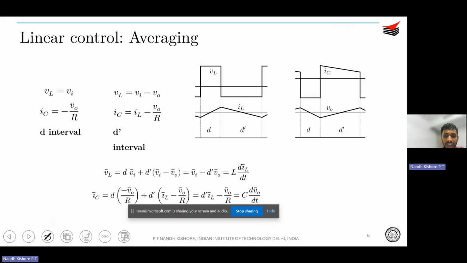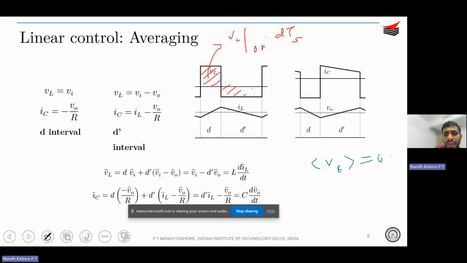So what is your VL average? As I was saying, VL average needs to be 0. Only then do you call the converter in steady state. If your VL average needs to be 0, that is, your positive and negative areas are the same, that means if I algebraically sum up these areas, what is this area? This area is going to be VL on, the on period, into DTS, correct?